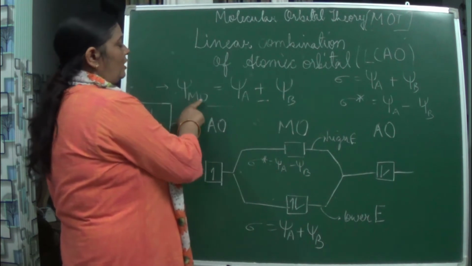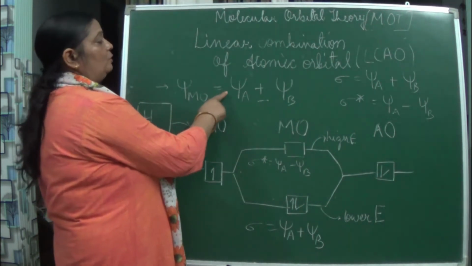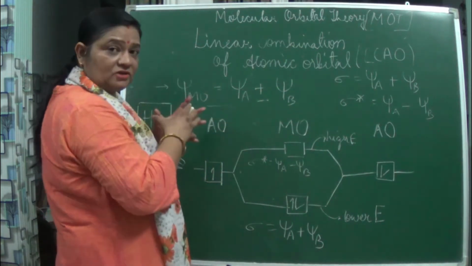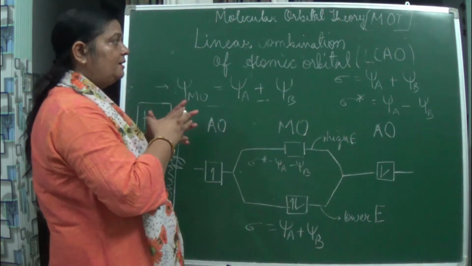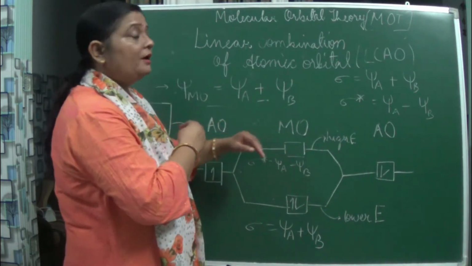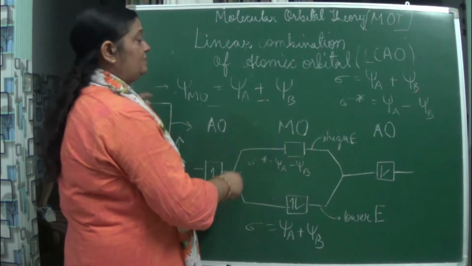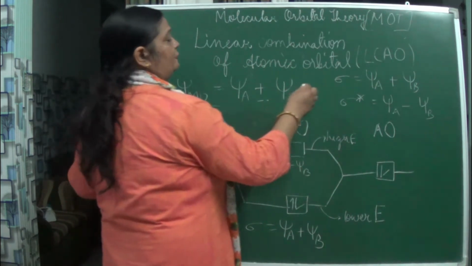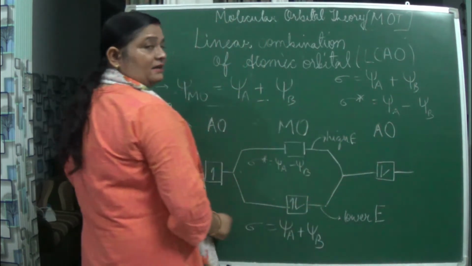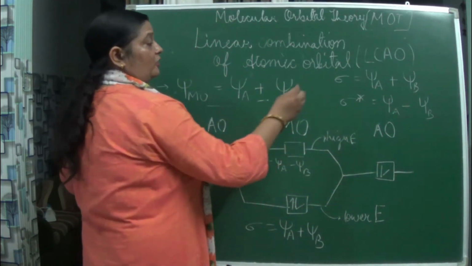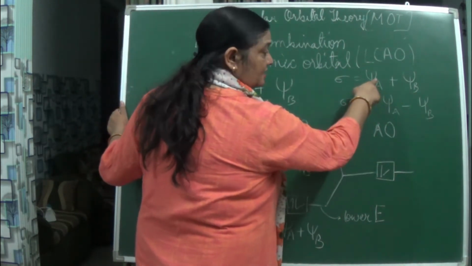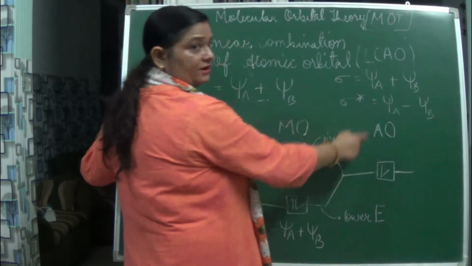Here molecular orbital is equal to psi A plus psi B, because combination of orbitals is taking place, isn't it? This is the orbital of A and the orbital of B. I will explain with an example. If it is psi A plus psi B, it is the bonding. And for the anti-bonding, it is psi A minus psi B. This is constructive in nature, this is destructive in nature.